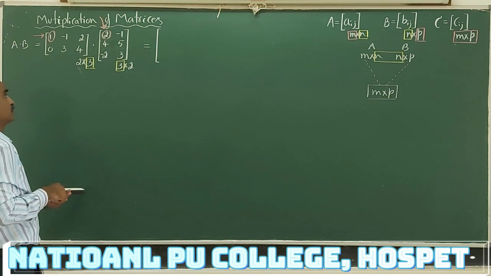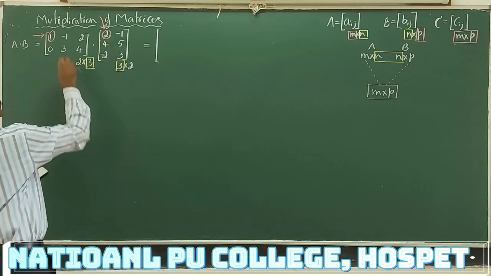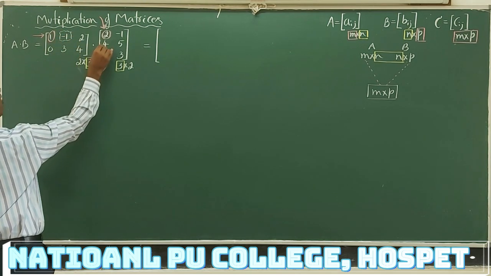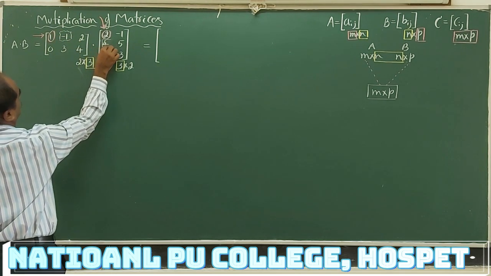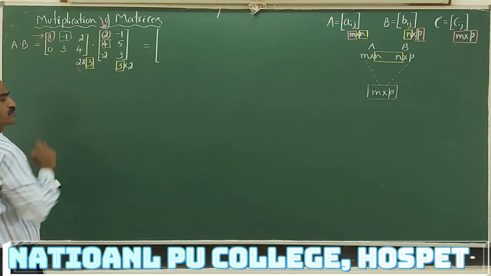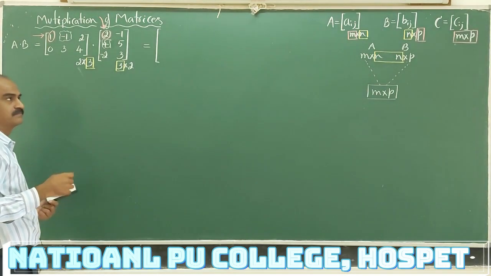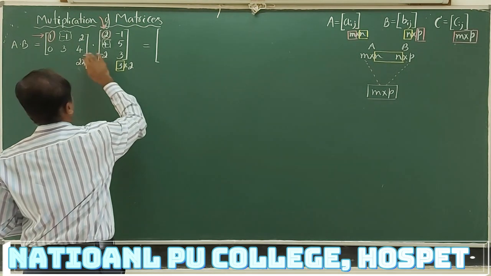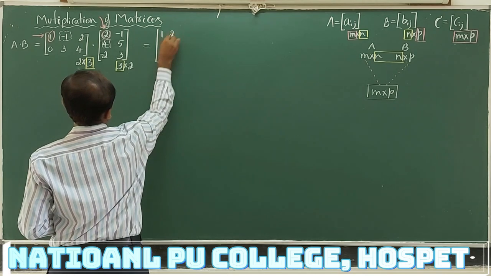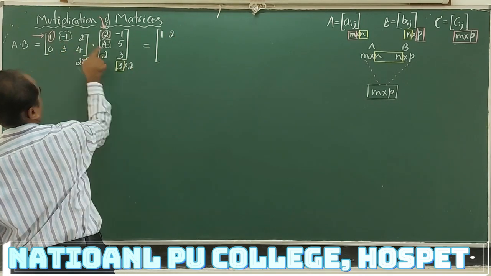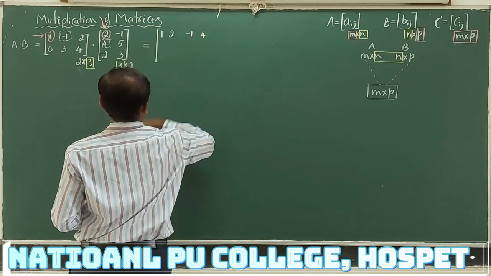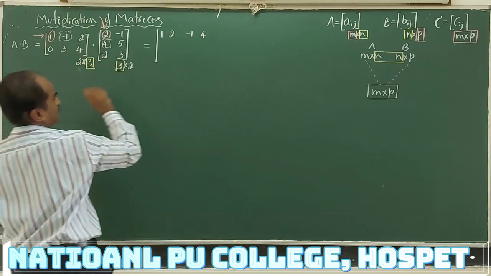Another pair: minus 1, the second element, and here the second element is 4. Then 2 and minus 2 are another pair. Now write those pairs. 1, 2 is one pair, minus 1, 4 is another pair, 2, minus 2 is another pair.